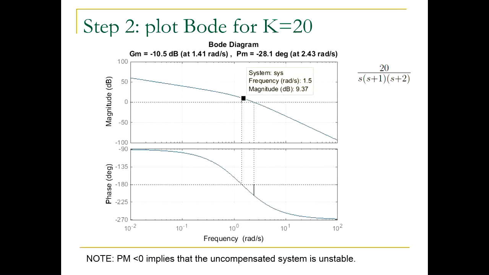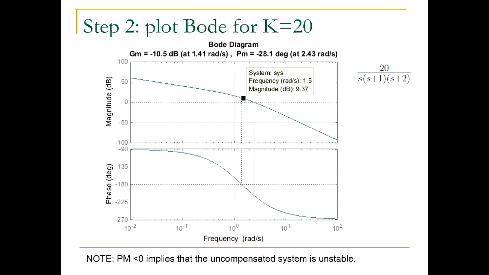It would move the crossover frequency of the compensated system to the left. That would already help us with stabilization of the system and getting more phase and gain margins.